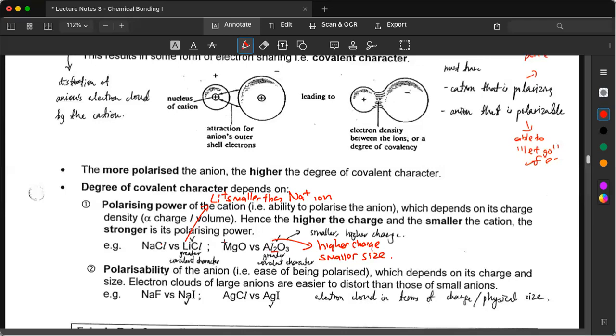Aluminum has more protons than magnesium: aluminum has 13 protons, magnesium has 12. But when the ions are formed, the number of electrons is 10 in both. So you have more protons attracting the same number of electrons in aluminum. Hence, it results in a smaller size due to a stronger electrostatic attraction between the nucleus and the valence electrons.